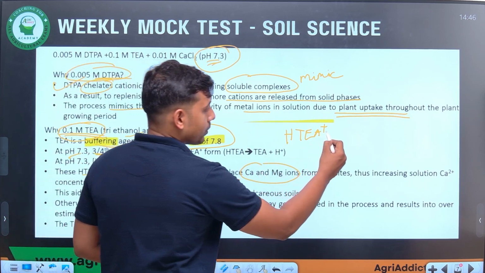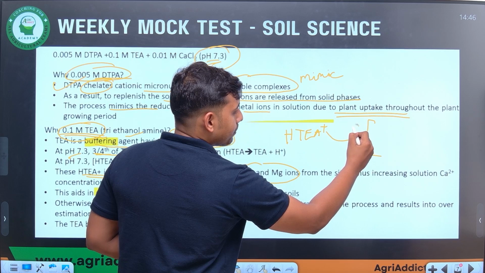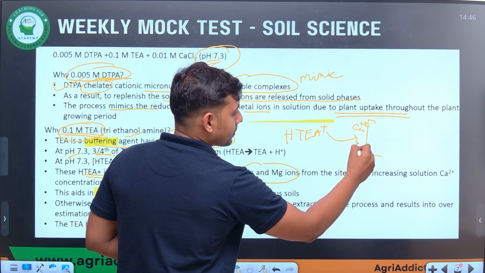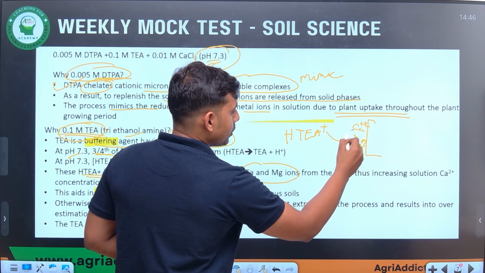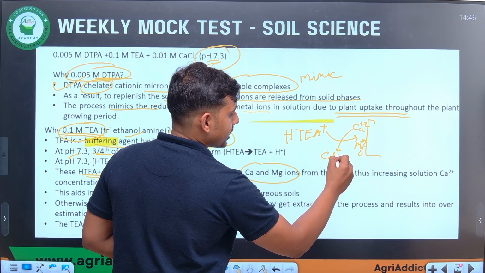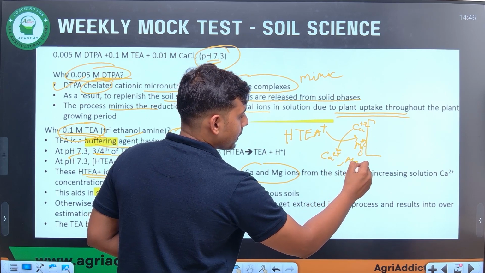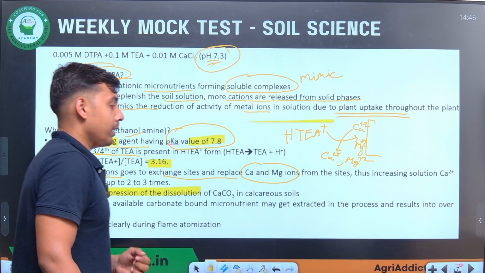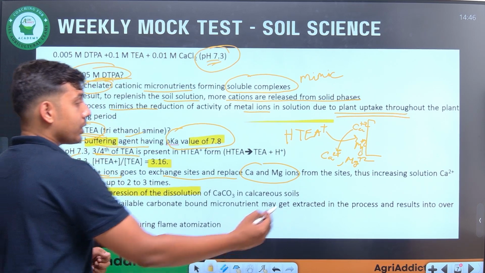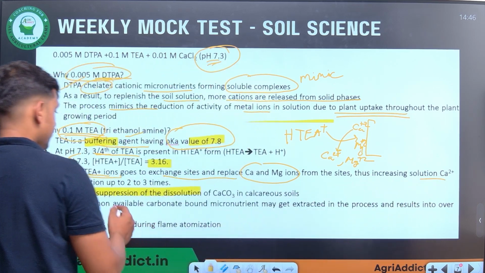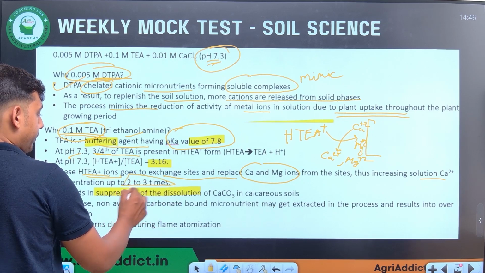So the calcium 2+ and magnesium 2+ ions will be in the soil solution, thus increasing the solution concentration of calcium and magnesium up to 2 to 3 times.